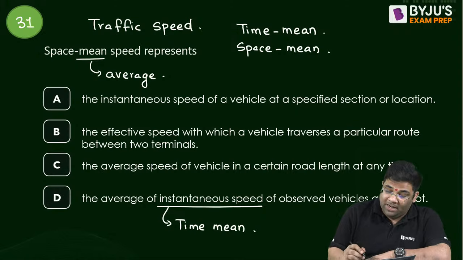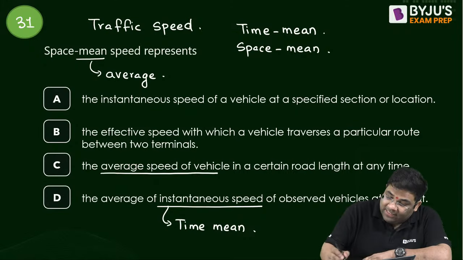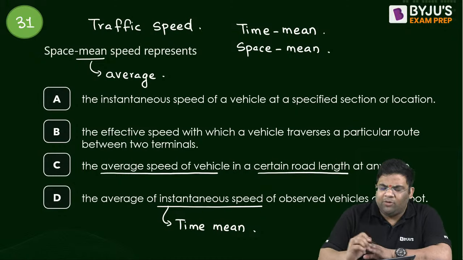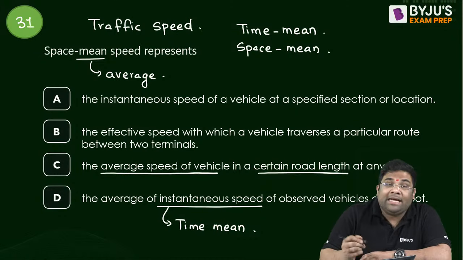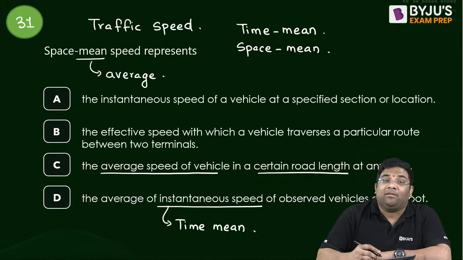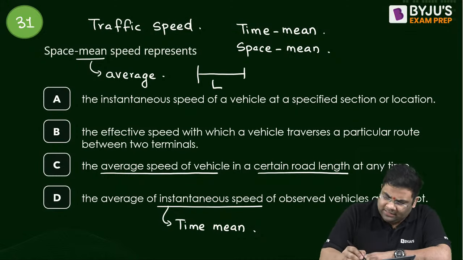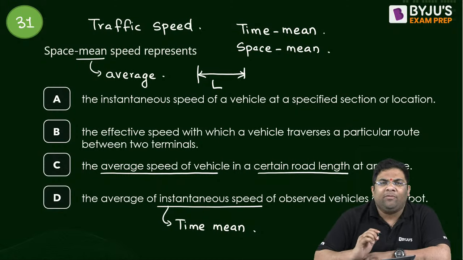But if you take the average speed of vehicles in a certain road section, how? You will take the time taken by all the vehicles for a particular distance L. So this is the distance L. If you know the time taken by all the vehicles, you can find out the speeds, right?